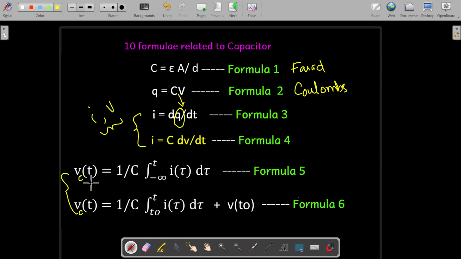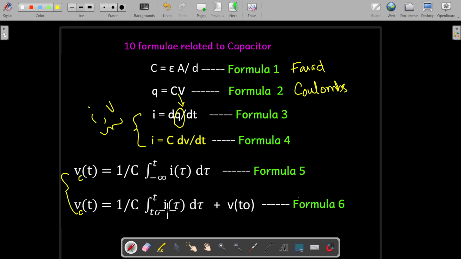Here also you get the current-voltage relationship, this time for the voltage across the capacitor. The capacitor voltage Vc of t at time t is equal to 1 by C times the integral from minus infinity to t of i of tau d tau. The small current at the differential time d tau is integrated from minus infinity to t. This is formula 5.